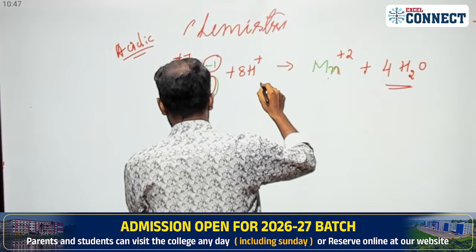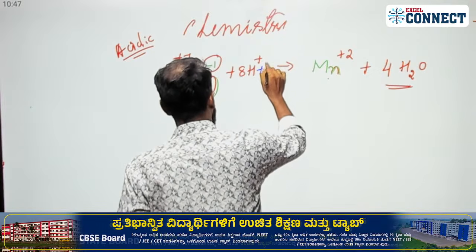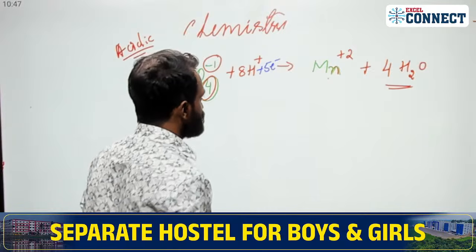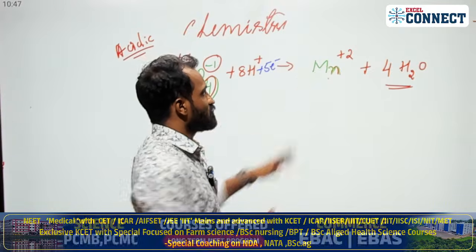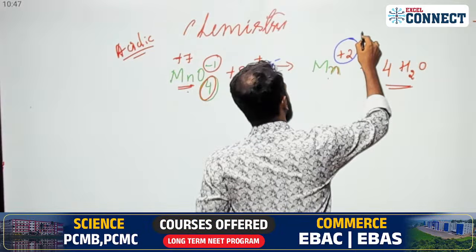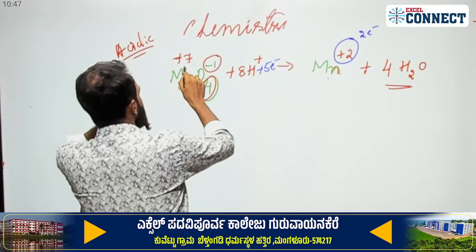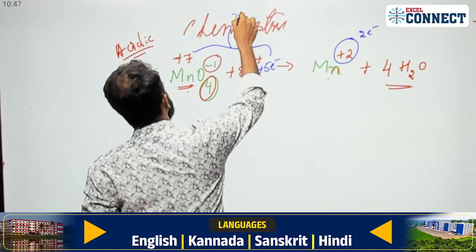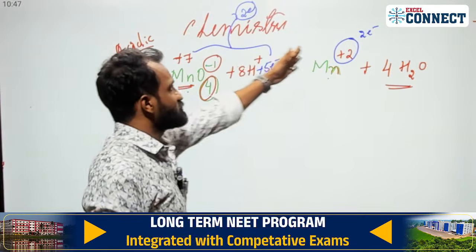After giving 5 electrons on this side, now you see, my dear students, 5 electrons are given. Here the requirement was 7 in the beginning. After giving 5, the requirement is 2 electrons now. Correct? This side and this side are balanced.